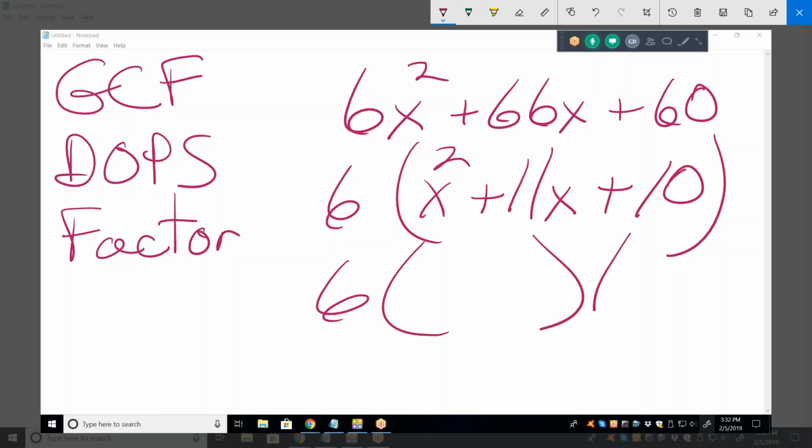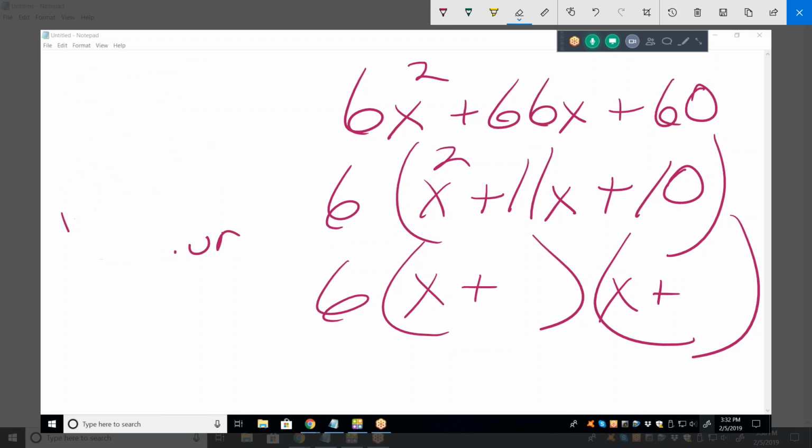And then it would be x, and then there would be plus, and then it would be 10 and 1. Okay, that's correct.